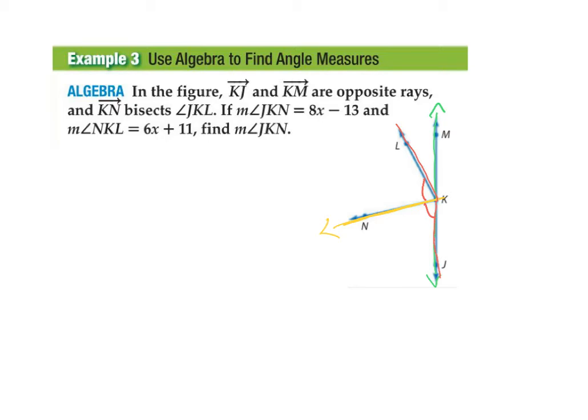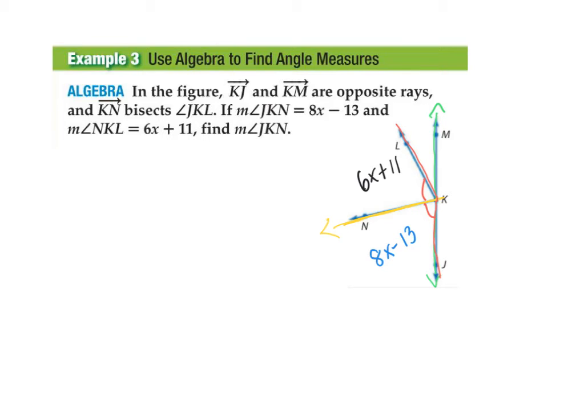Then it tells me that JKN is the same as 8x minus 13. And then I have the measurement of NKL on the other side is 6x plus 11. And then eventually I just want to find the measurement of JKN.